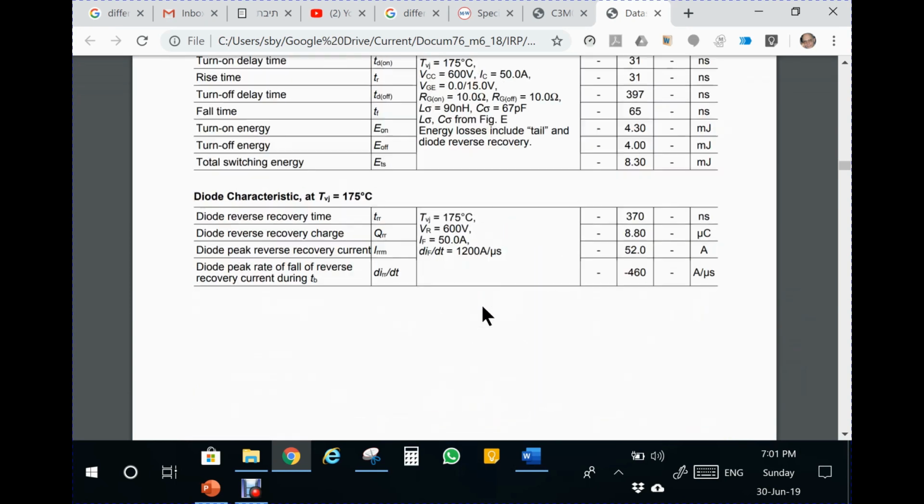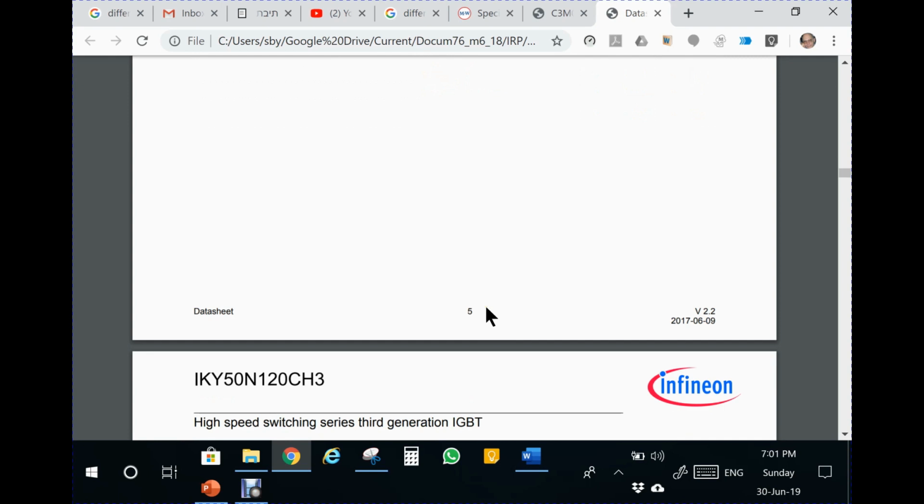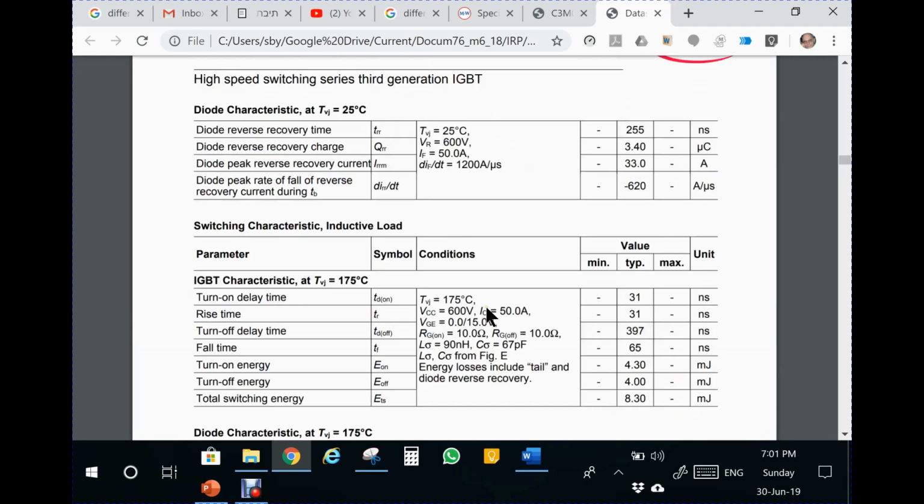So this actually brings us to the conclusion that the silicon carbide is certainly a much faster device than the IGBT, and that you can run it at higher switching frequencies.